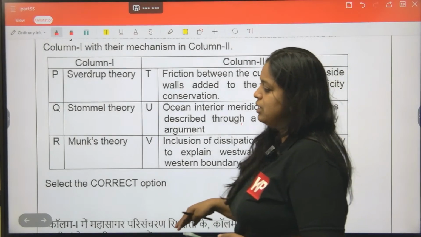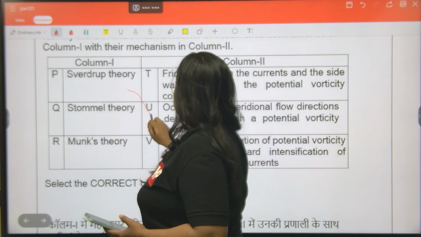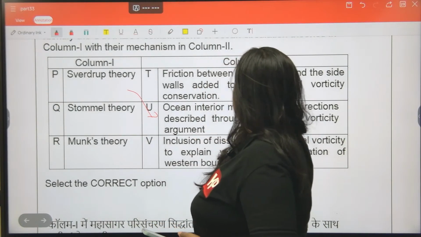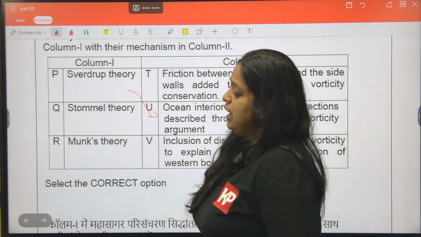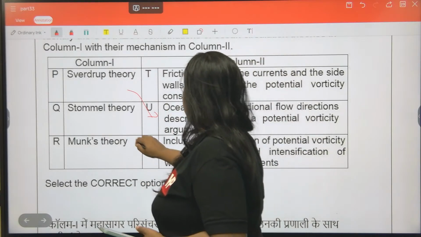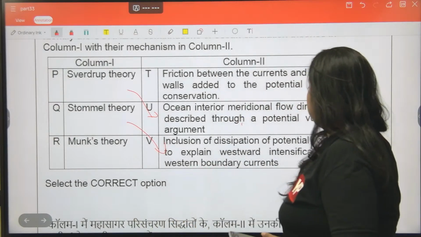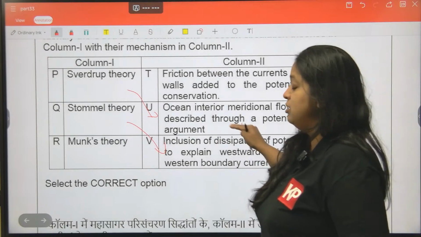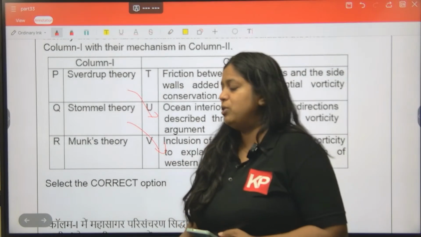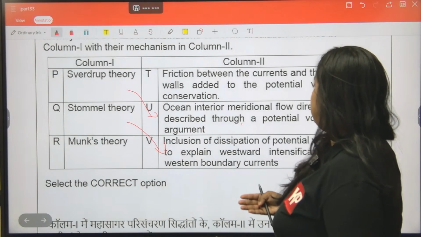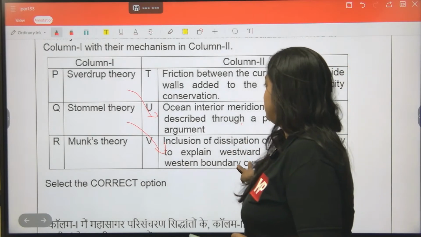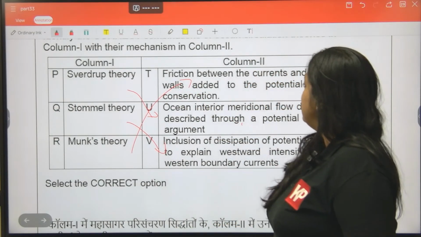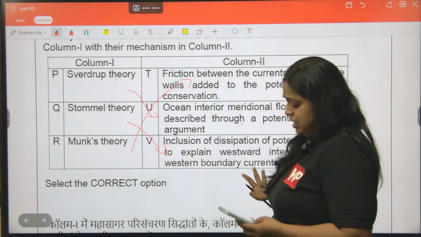So the right option will be: Sverdrup's theory is about ocean interior meridional flow directions described through a potential vorticity argument. And Stommel's theory is about the intensification of western boundary currents. Whatever Ekman flow is being discussed, they have explained the western boundary currents in much more detail. Then Munk's theory is about the friction between the currents and the side walls added to the potential vorticity conservation.